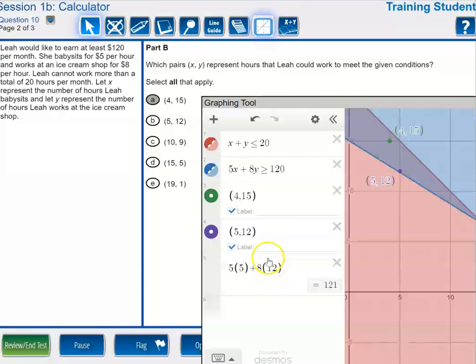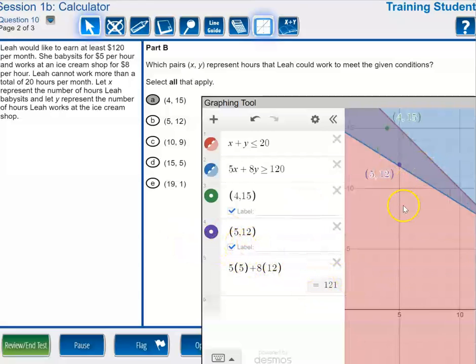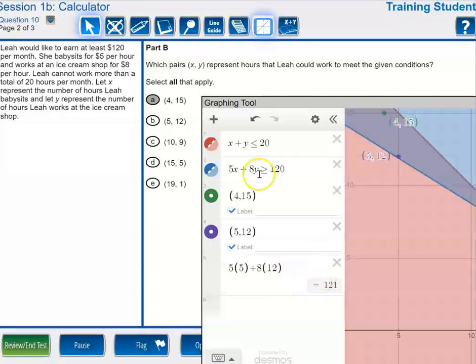And it actually does work though, because 121 would put it inside the shaded region. But just so you know, just because it looks like it's on a line, it may not be. So they may need to double check the numbers and make sure it does fit. 5 and 12 will work for the 20, and it does also work for the amount. So we're going to choose B.